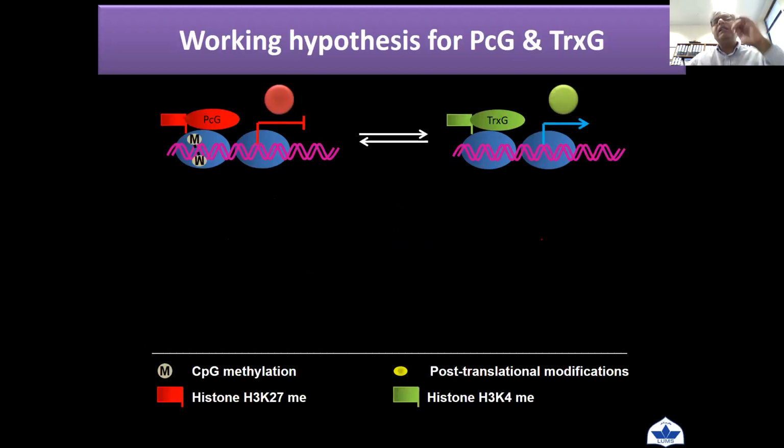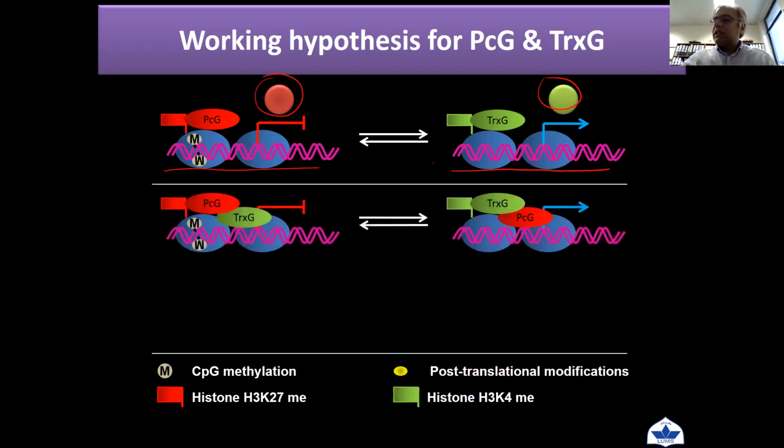So far, from my explanation, you have learned that if you have Polycomb, the gene is off, the red; if you have Trithorax, the gene is on, the green. However, this is not the case. When you read papers, you find that Polycomb and Trithorax are both co-localizing.